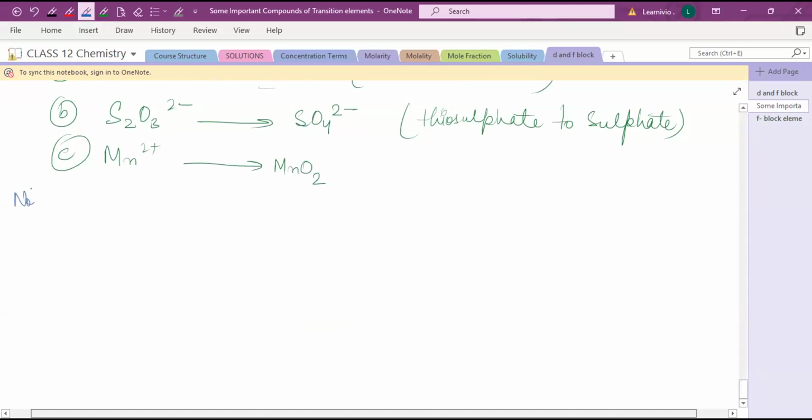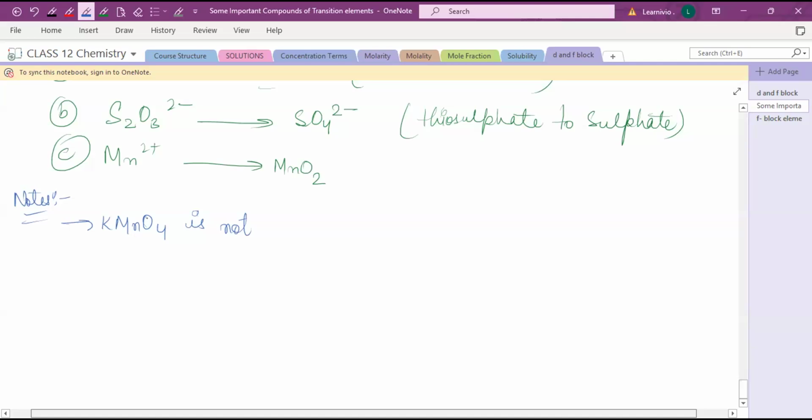Okay, write down in your notes that potassium permanganate is not used for titration with HCl. Sometimes a question may be asked in your exam: potassium dichromate can be used in titration as a primary standard, but potassium permanganate cannot be used for titration with HCl.